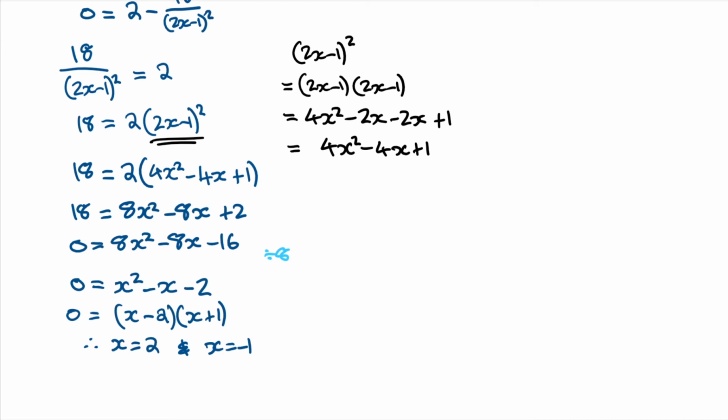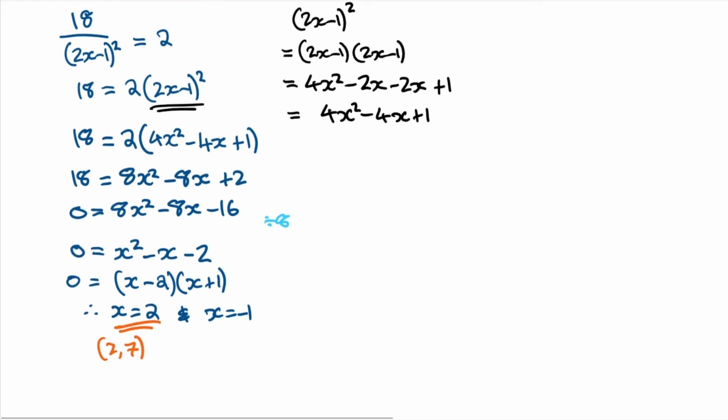So we solve for our x there, and we see that we've got x equals 2 and x equals negative 1. We already knew that this was a stationary point, the other y value, that was given in the question.